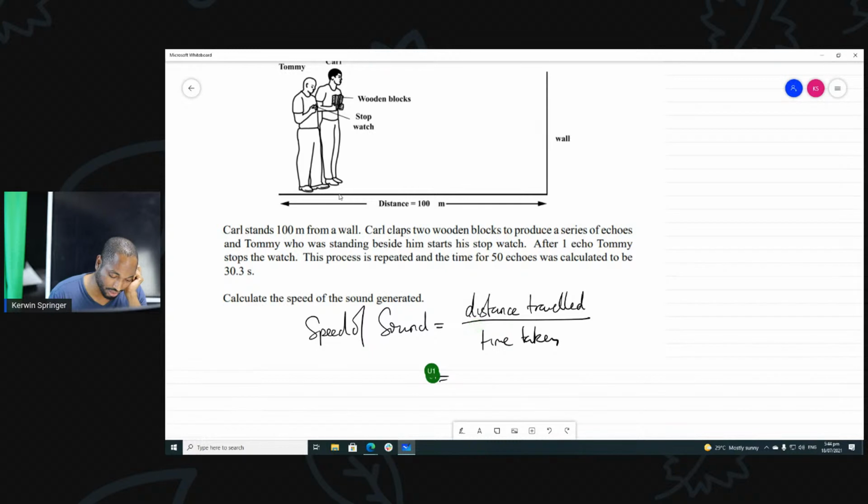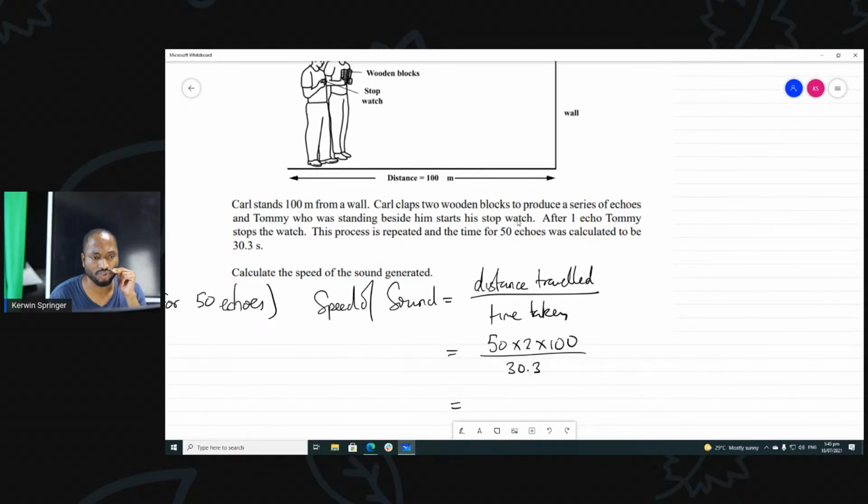The distance travelled will be 50 times 2 times 100, and that took a time of 30.3 seconds. 50 echoes, 30.3 seconds, everything in the right unit. 100 times 100 divided by 30.3. So you get 330 meters per second to the nearest whole number.